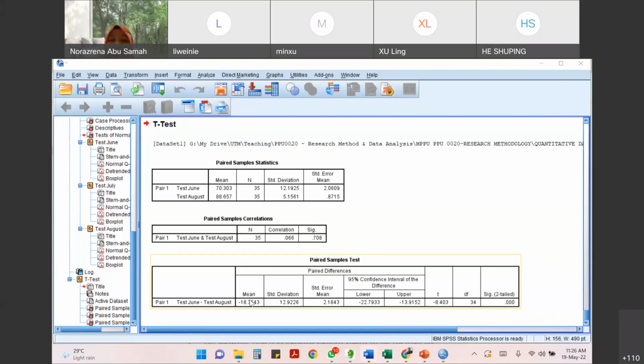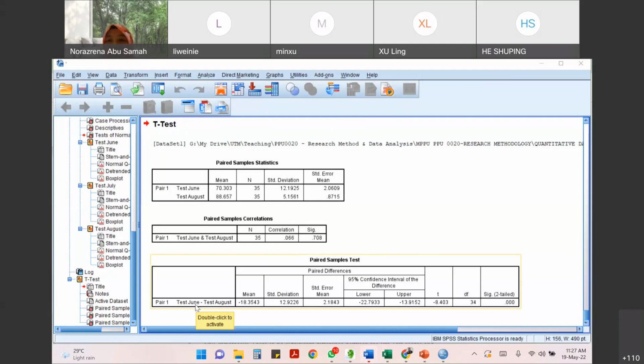Look at here, the mean is negative. Don't worry if the mean is negative, because this is the formula actually. June minus August is negative. It means June is lower than August. So August is better than June.